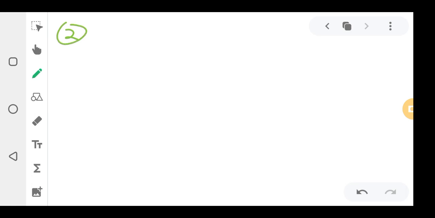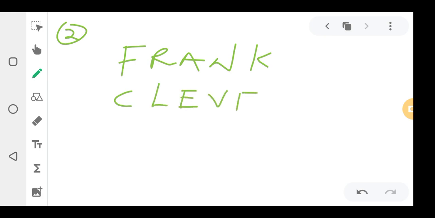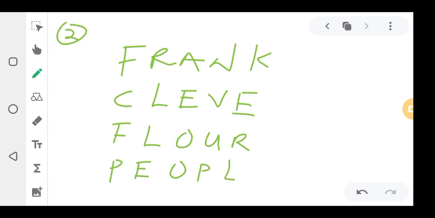They may bring something like Frank, and then they bring something like clever, they bring something like flower, and then they bring something like people, and then they bring for you the words that they are extracting. Here they can say R, A, K, R, A, K.